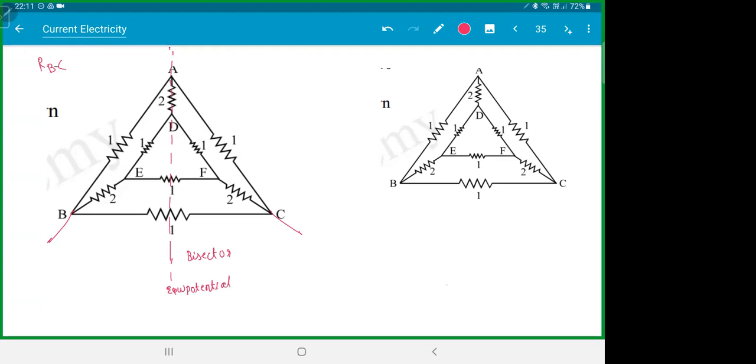That means anything on this line can be removed. So therefore, A and D have same potential. The midpoints all have same potential. Meaning you can remove this resistor in the middle. The moment you remove that, your life becomes easy again.